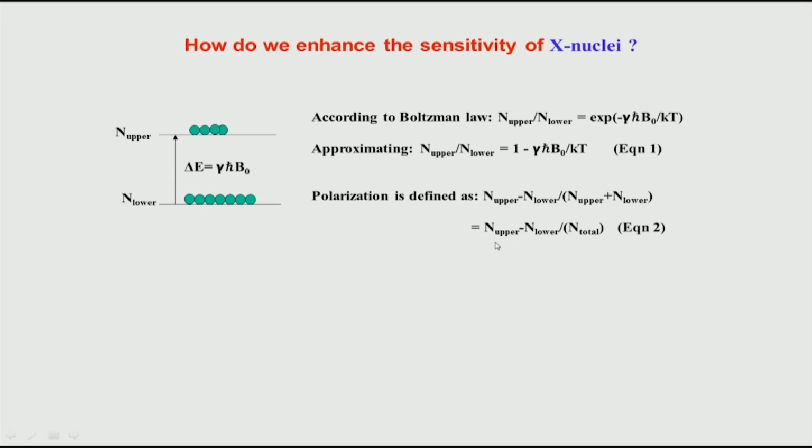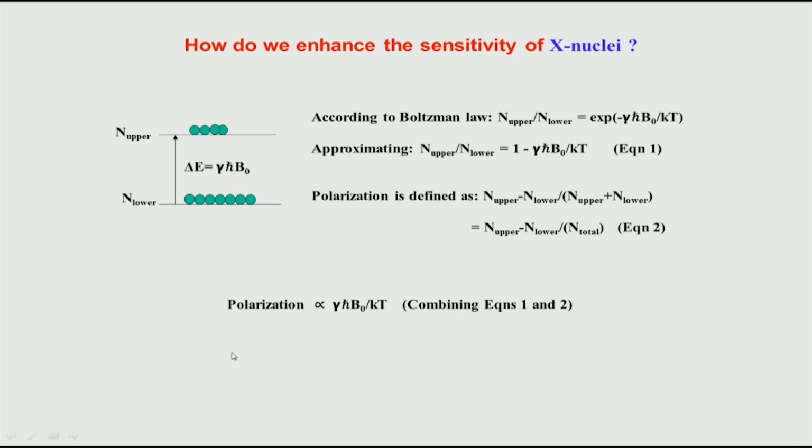Now, the polarization value can be obtained from this equation by a simple rearrangement. If I combine equation 1 and 2 and do a little rearrangement, I will get this. I would encourage you to do this yourself, because it is a simple rearrangement.